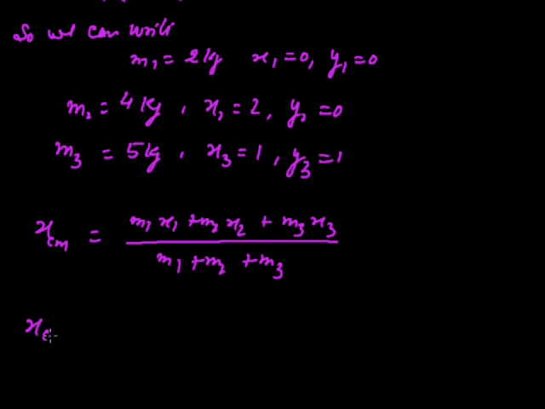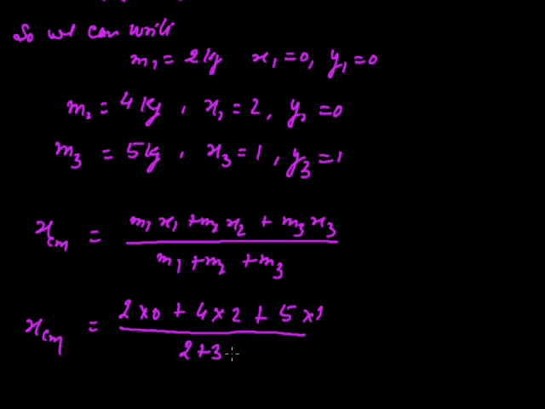So xcm will be 2 into 0 plus 4 into 2 plus 5 into 1, divided by 2 plus 4 plus 5. That is 8 plus 5, that's 13 upon 11, the x coordinate of center of mass.